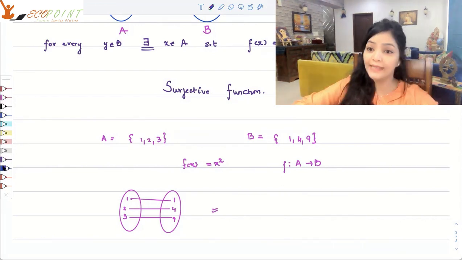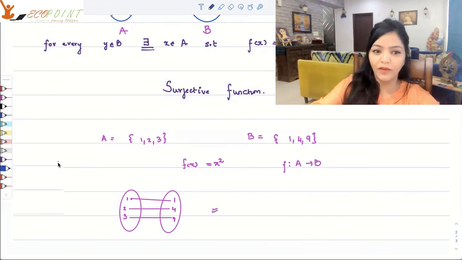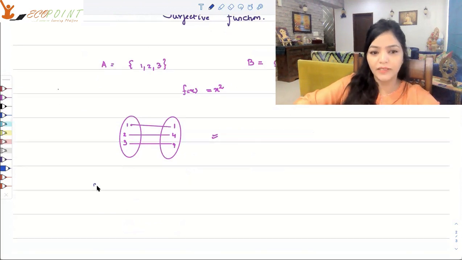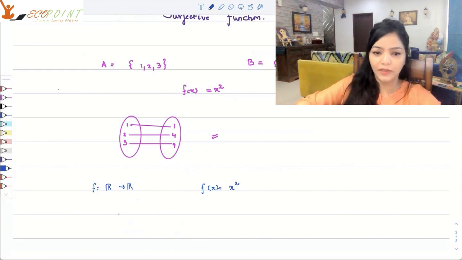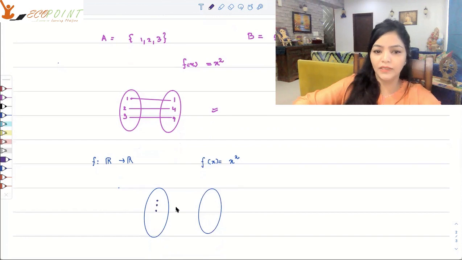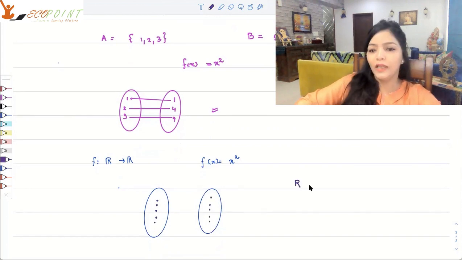Now for the same function x square, if I tweak this situation, that is, I take f from R to R, the function is x square. This mapping will look like something of this sort. You have entries here, 1, 2, 3, many entries, the entire R out here. What is the range of this function?